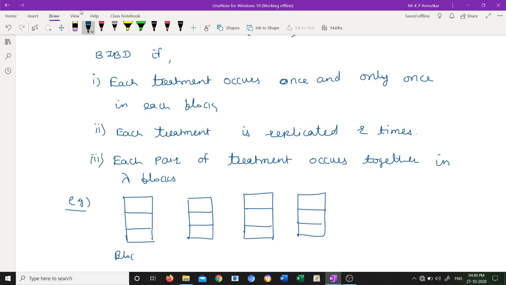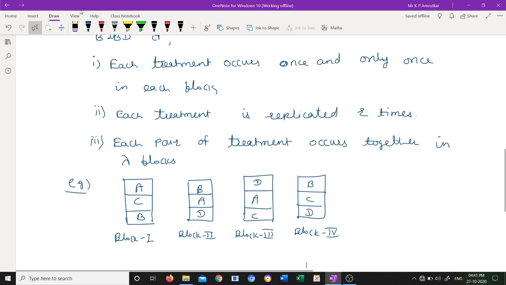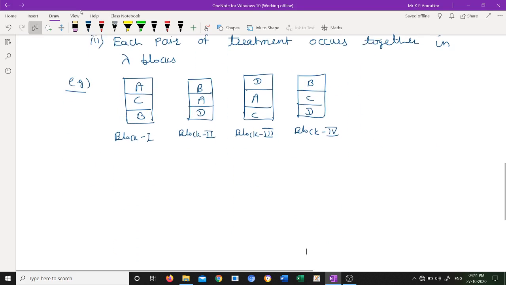In block 1 there are A, C, B; in block 2 it is B, A, D; here it is D, A, C; and here it is B, C, D. Now this design is a BIBD, balanced incomplete block design.